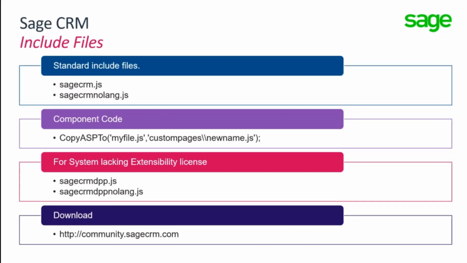You can get those by going to the community site, community.sagecrm.com, and there's a download area, and you'll be able to find the DPP include files. These are the developer include files that allow ASP pages to run on any install of Sage CRM, whether or not it has an extensibility license.